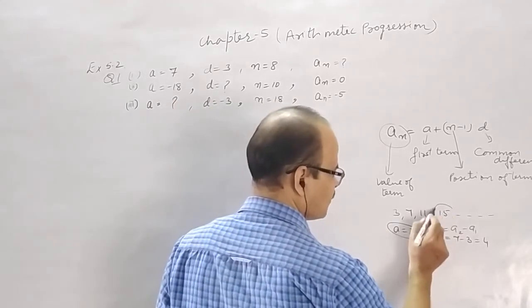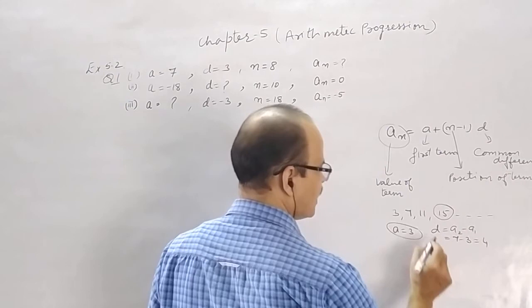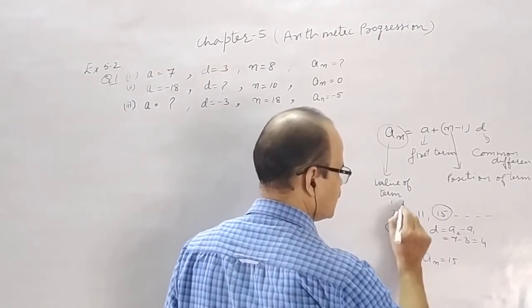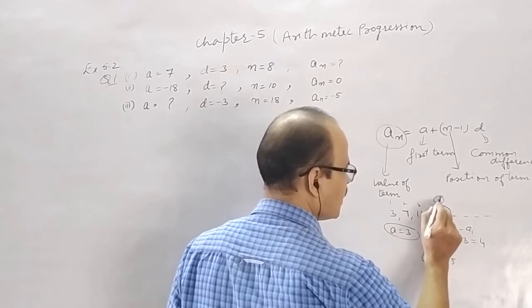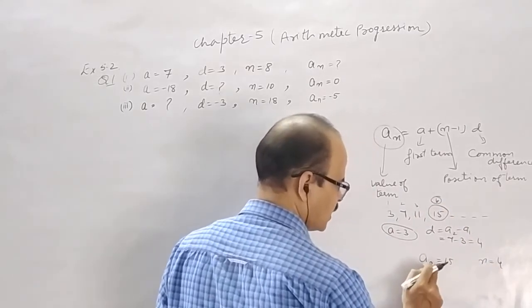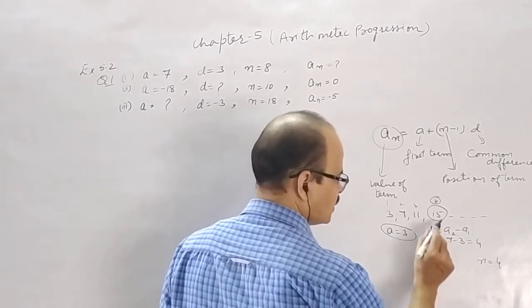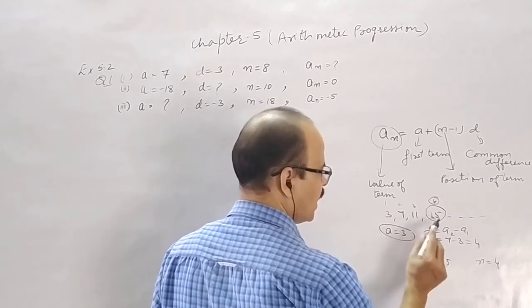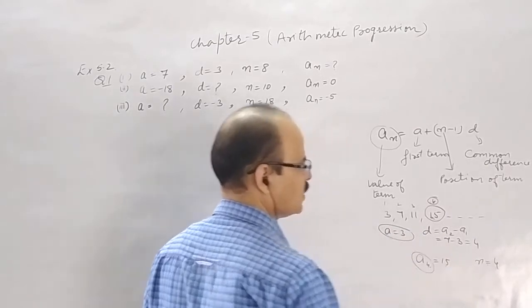Suppose I take this term 15, then An is 15 and it is coming at the 4th position, so N will be 4. So here we can write A4 = 15. This A4 is the value of the term and 4th is the position of the term.